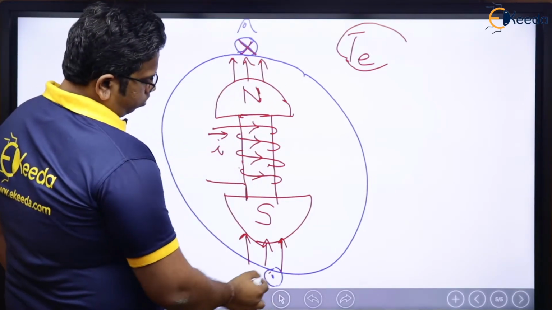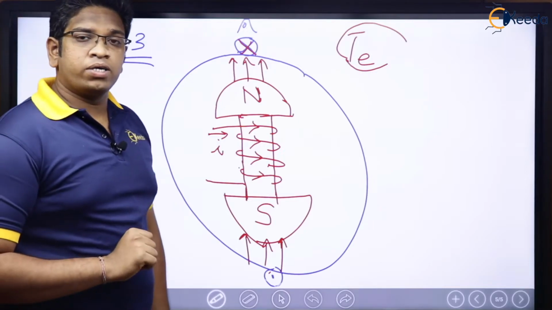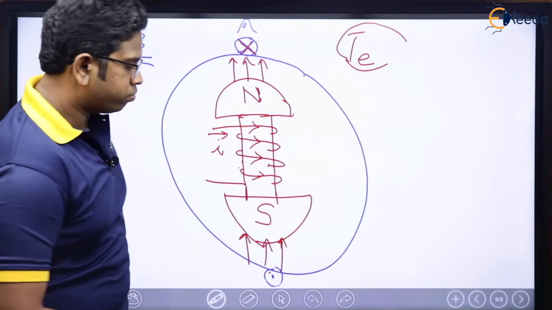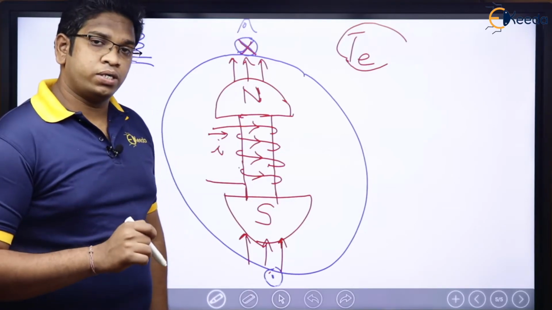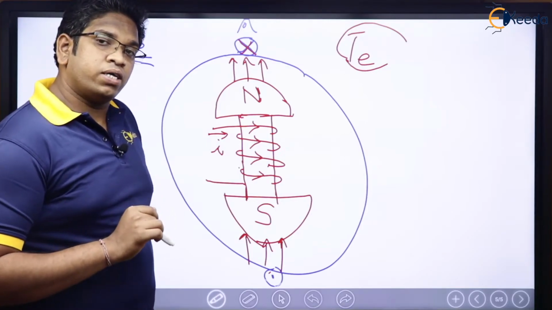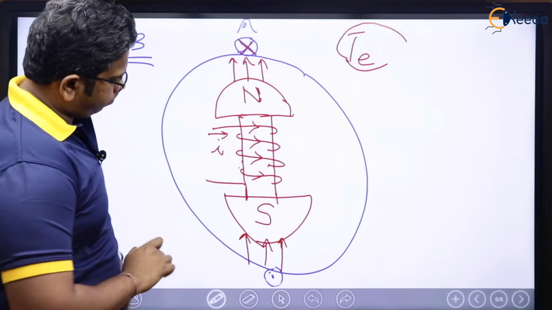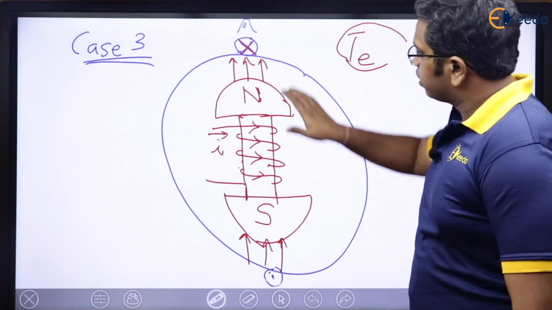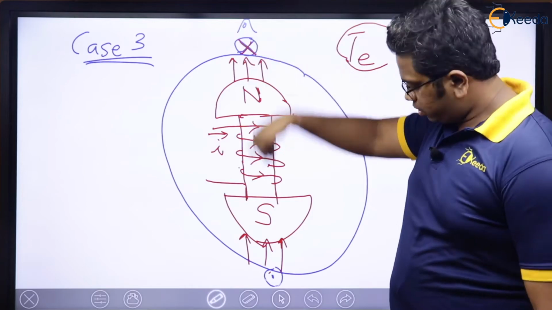This is cross and this is dot, which means by using right hand thumb rule, we will be able to find the direction of the flux. Now if we apply right hand thumb rule, what is going to happen? See, this is cross into the board, this is dot out of the board.